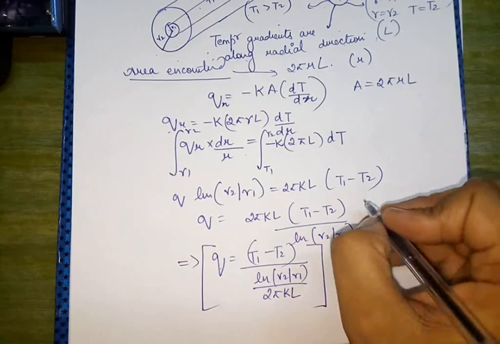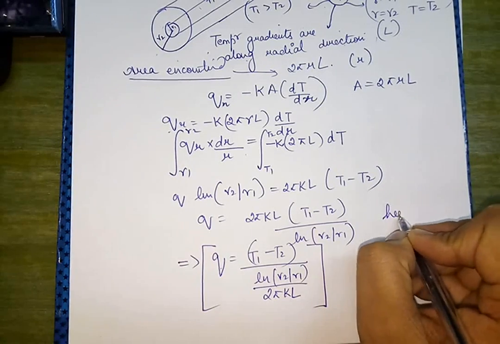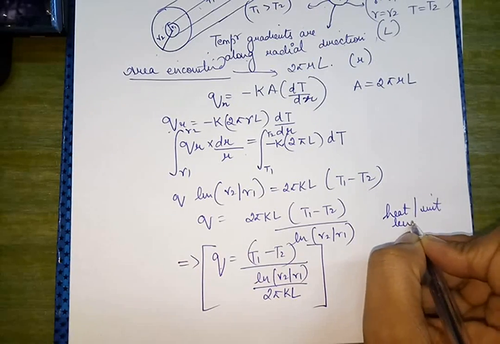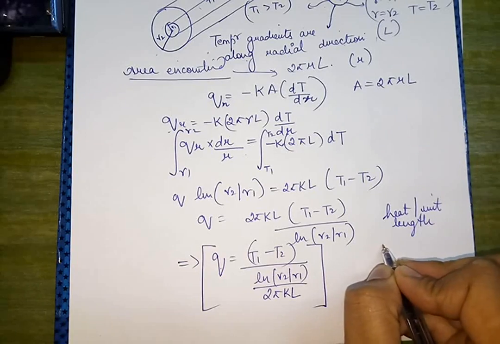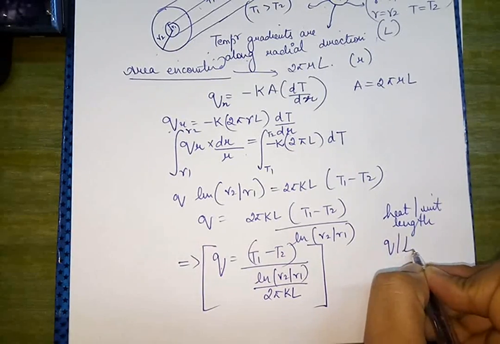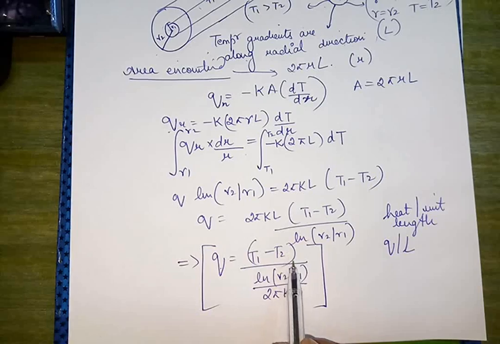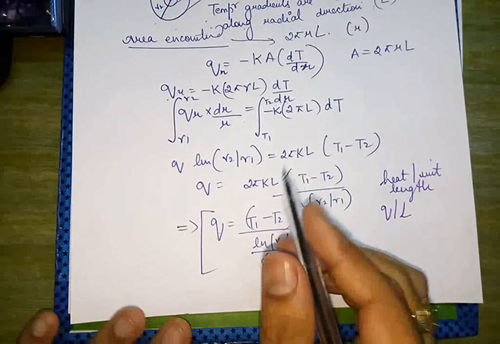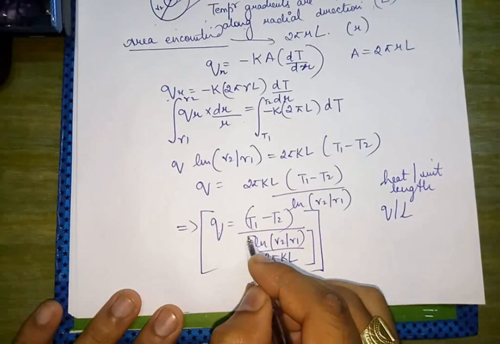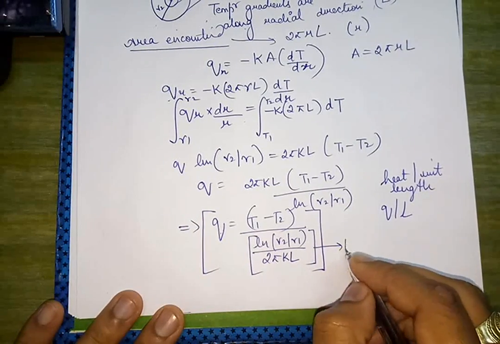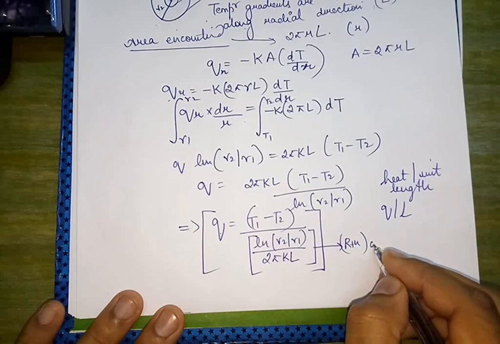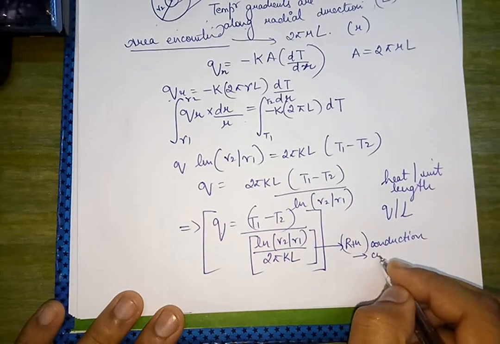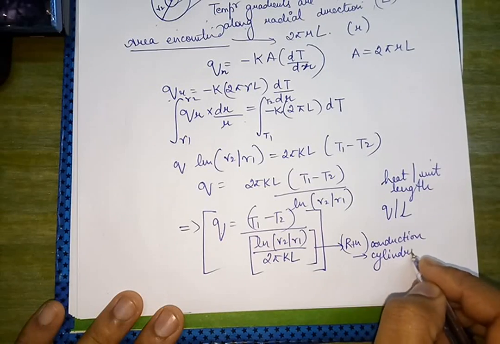And if heat per unit length is asked, then we will calculate Q by L. So from here we can get the expression for heat conduction, such that the entire denominator will be the thermal conduction resistance for cylindrical systems.